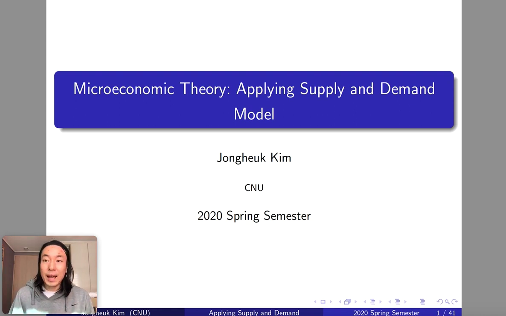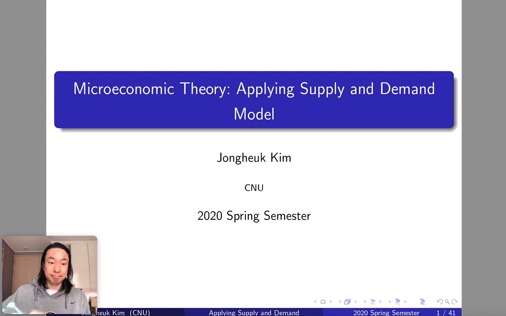You're going to have some adjustment to the change in your environment. But what's important is the degree of change in quantity demanded: how sensitive you are to changes in the price of that good, the price of other goods, or other changes in the environment. So this chapter is about the sensitivity of changes in your demand or supply.